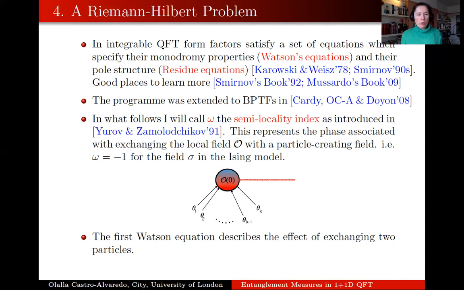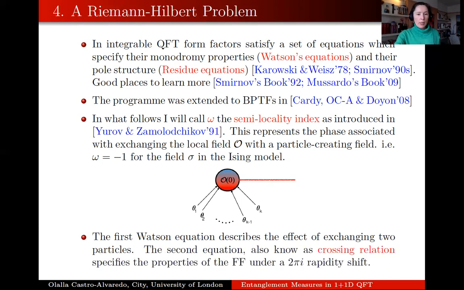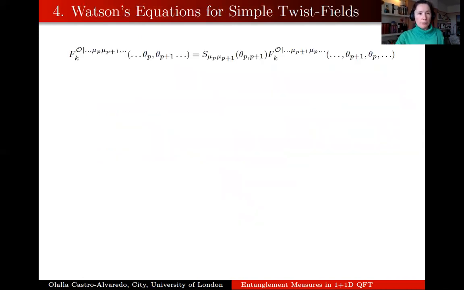So let's look at these equations then. Watson's equations, monodromy equations. The first of Watson's equations describes the effect of exchanging two particles. And the second is also called crossing, and it describes the effect of taking a particle on a trip around the operator, which is equivalent to a 2πi rapidity shift. So let's see what these equations look like.